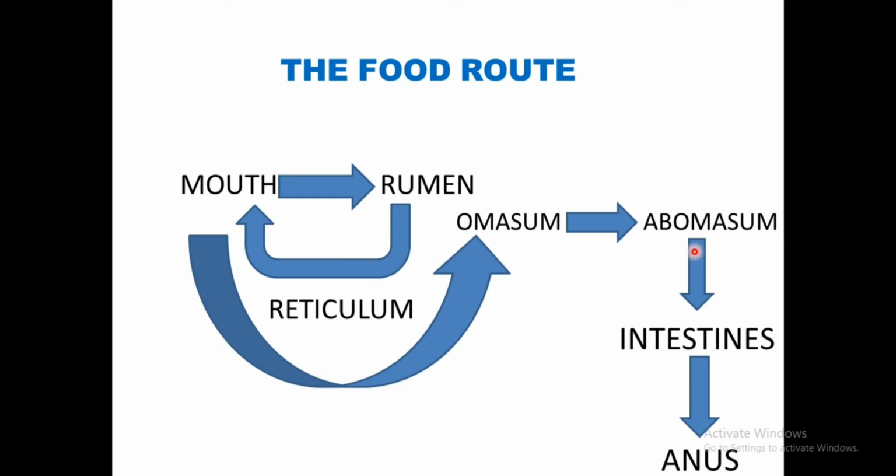Then from the abomasum, the food gets into the small intestine, then the large intestine, and finally the waste material gets out through the anus, and that is what we call cow dung.